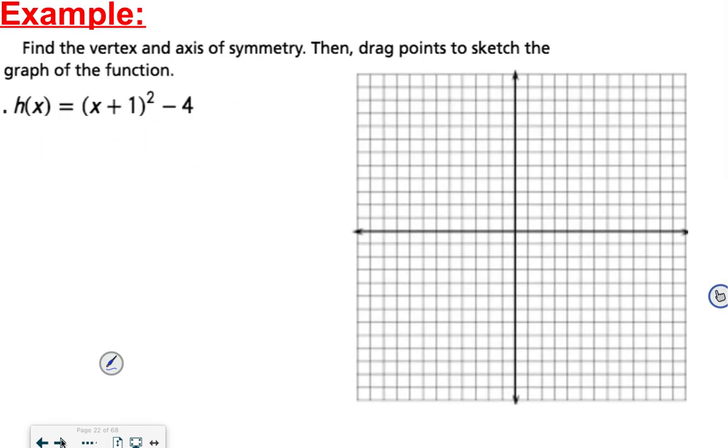All right. Now, I am going to graph this function, and then I'm going to show all the important points, which are the vertex and axis of symmetry on the graph, and this is the last question. So remember that if you think about your vertex form, which is y is equal to a times x minus h squared plus k.